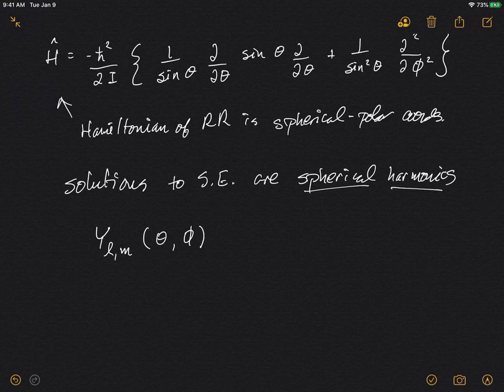So I prefer to keep the quantum numbers in the subscript, but you'll see both in the literature if you look things up online. These are also called Legendre polynomials.